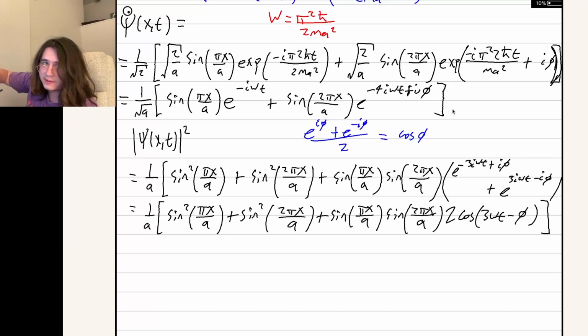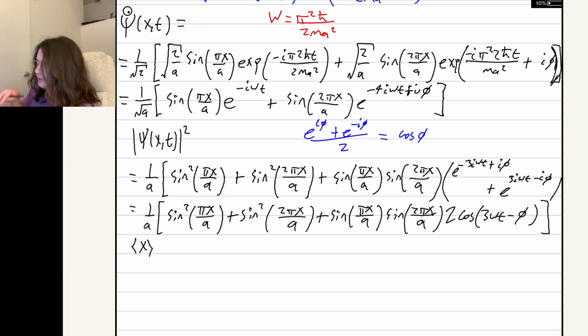There's just a phi in the cosine now, which is great for the expectation value of x, because if you remember in that calculation, we didn't really use the cosine at all during that whole thing. We just kind of pulled it out and left it in the end result.